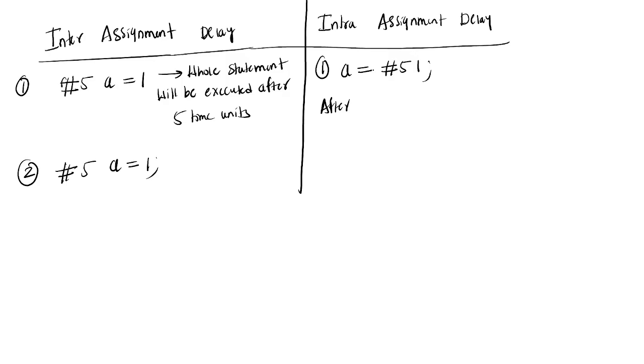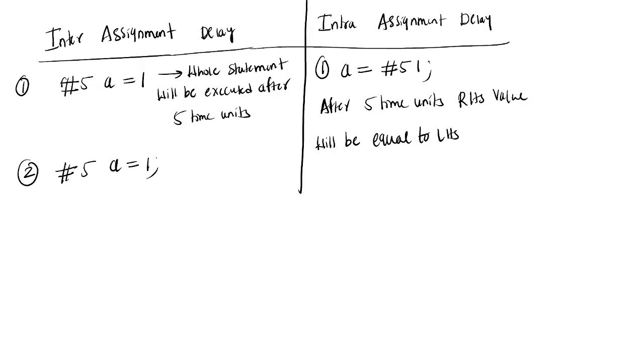In intra assignment delay, after 5 time units, whatever the RHS value is, that will be assigned to the LHS. So in inter assignment delay, the whole statement is executed after 5 time units. This is the difference between inter assignment delay and intra assignment delay.